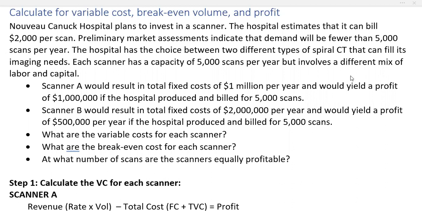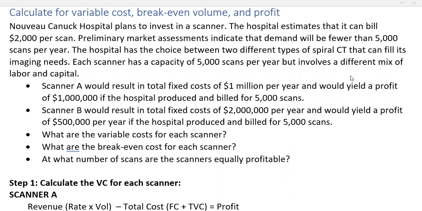For the first scanner, the total fixed cost is $1 million per year and would yield a profit of $1 million if the hospital produces and bills for 5,000 scans. The other scanner, scanner B, would result in a total fixed cost of $2 million and would yield a profit of $500,000 per year if the hospital produces and bills for 5,000 scans.